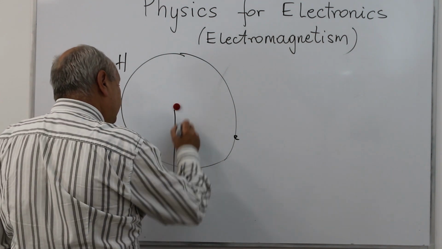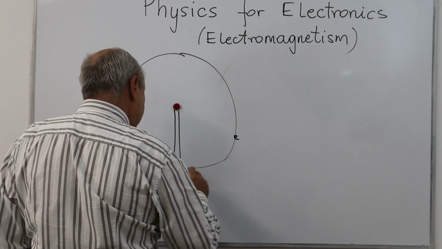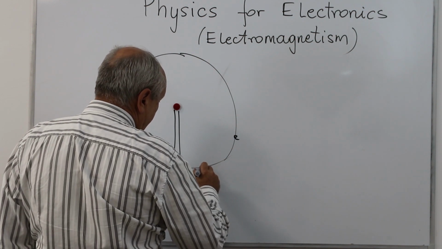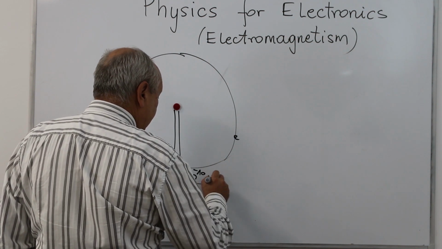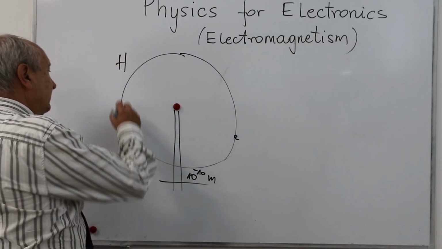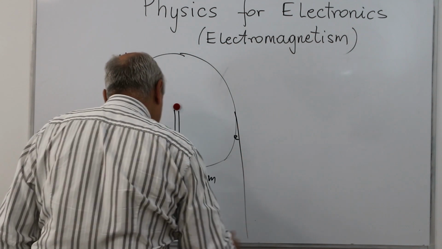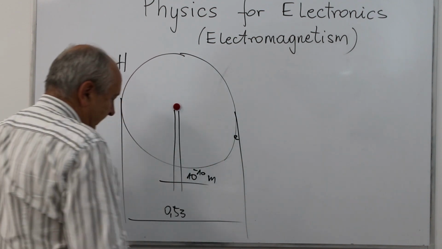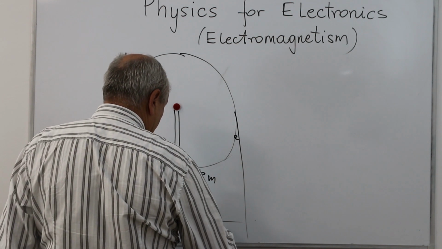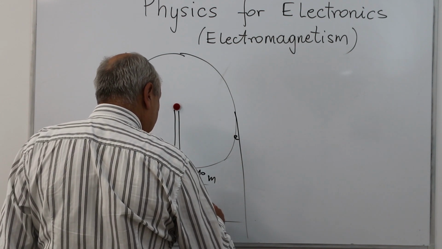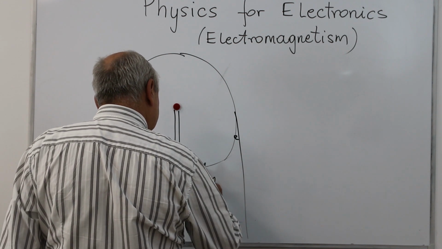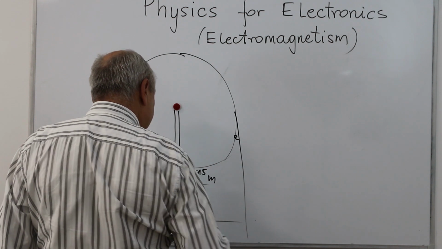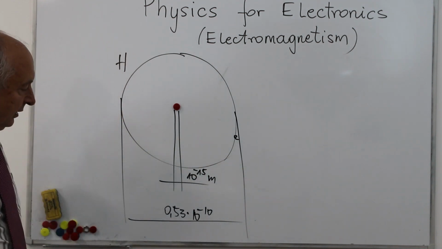The diameter of the proton is in the range of 10 to minus 15 meter, while the diameter of the orbit of the electron is 0.53 times 10 to minus 10 meter.